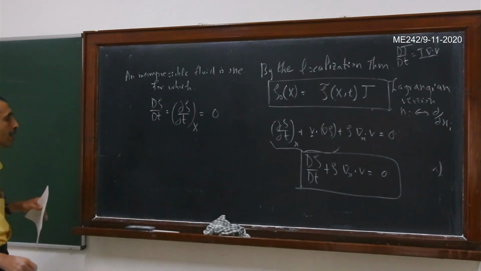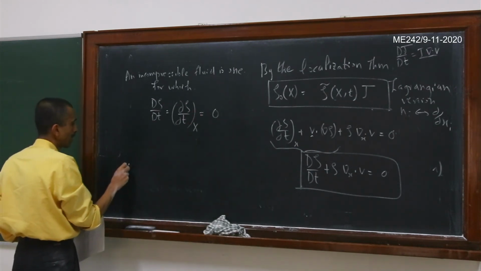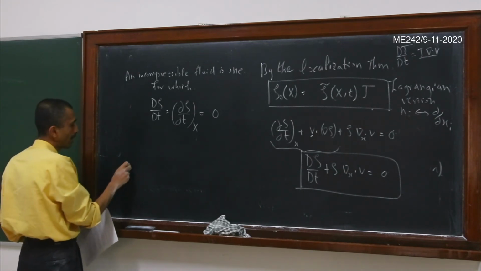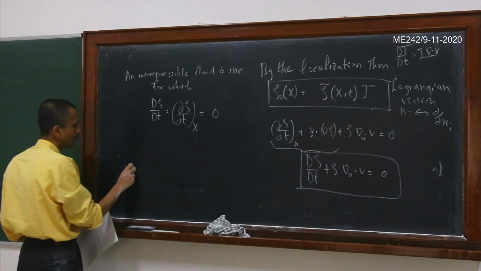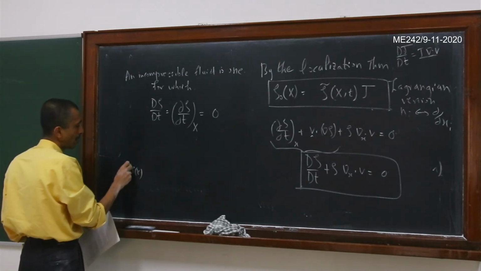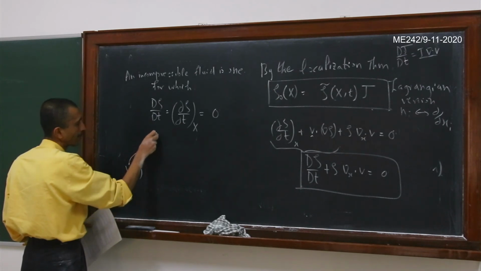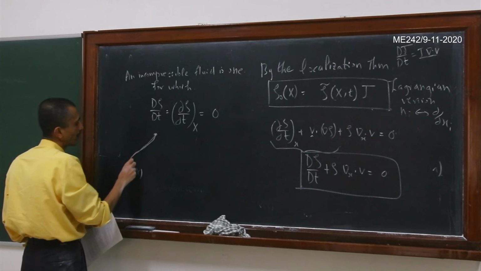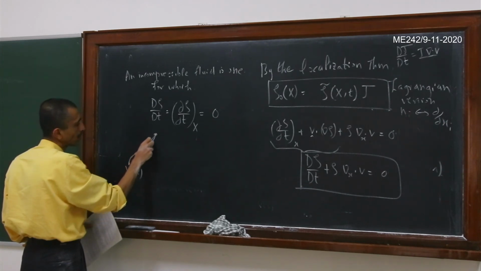Suppose x is the position vector at some point and you have the density at capital X. This particle is moving in time, and as it evolves the density remains the same.